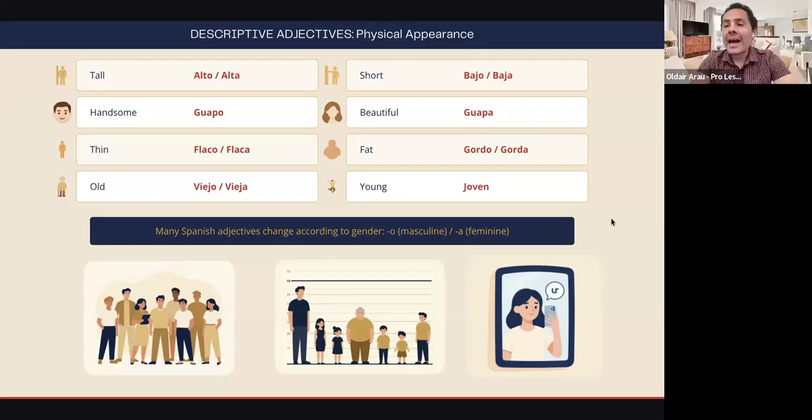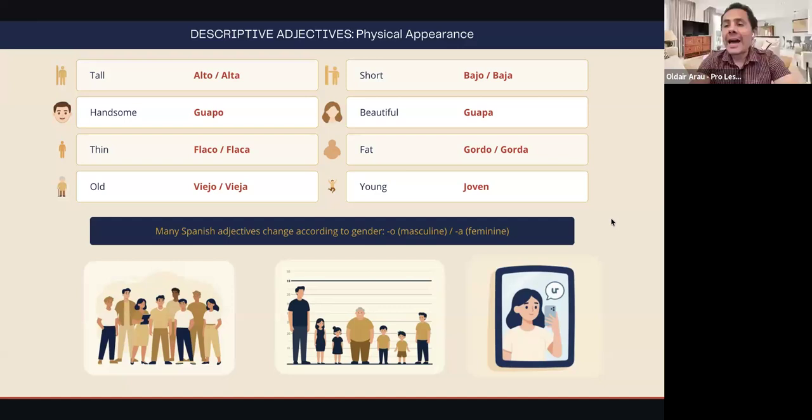Old, viejo, vieja. Short, bajo, baja. Beautiful, guapo, guapa. Fat, gordo, gorda. And young, joven.